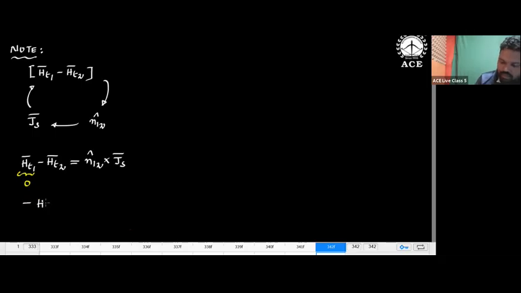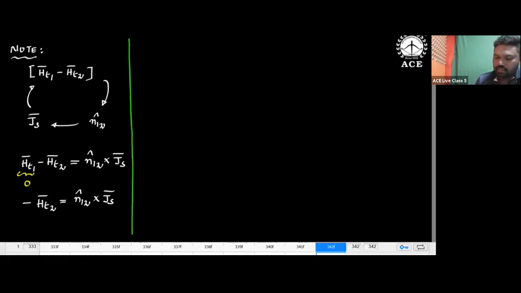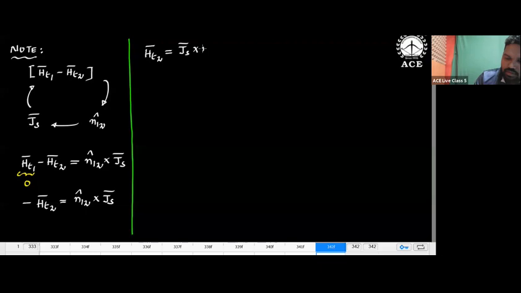So minus HT2 is equal to N12 cross JS. So HT2 is equal to JS cross N12. What is JS?